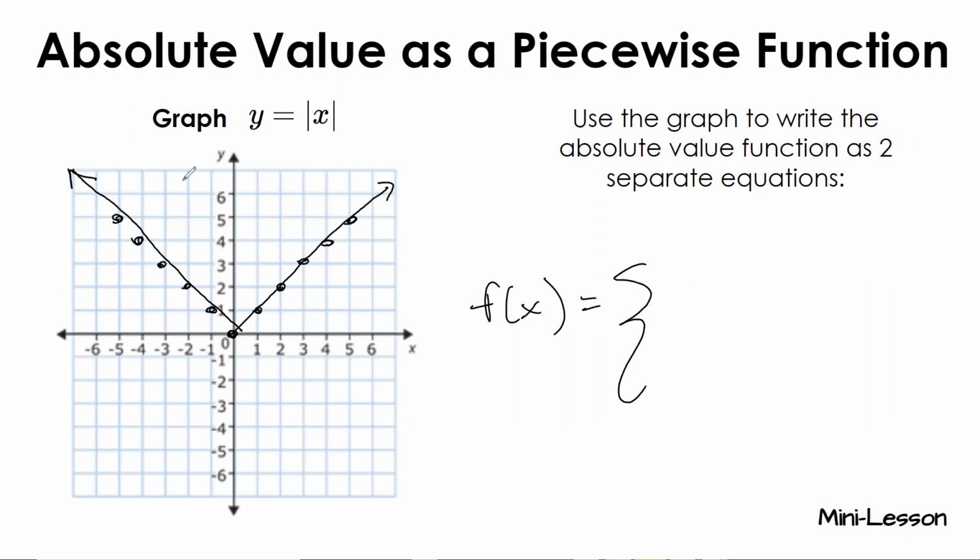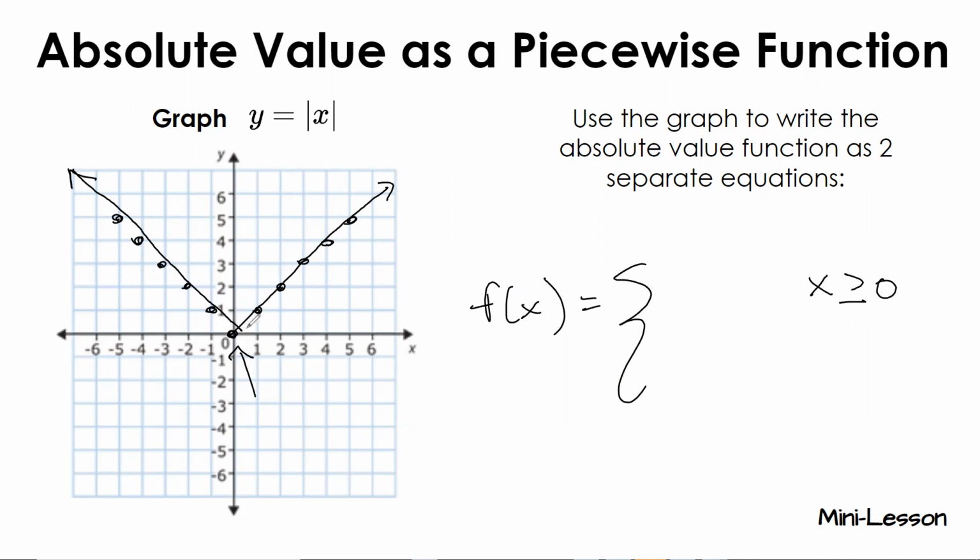We're going to look at where the vertex is. The vertex is right here, right? So when x is bigger than, and we're going to say equal to 0, then what's the equation of this line?